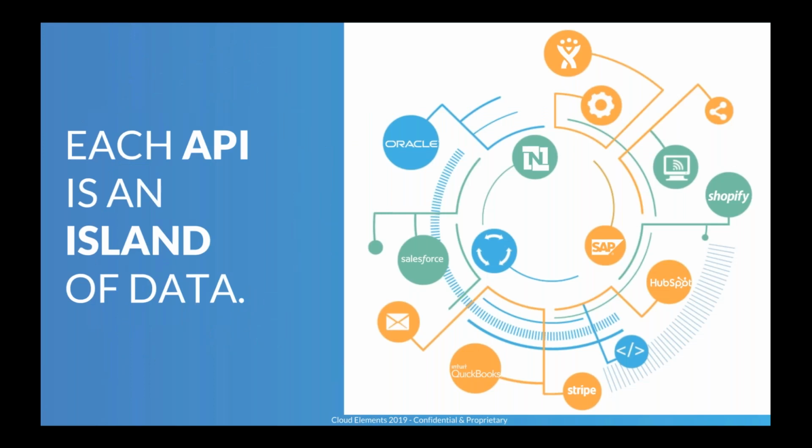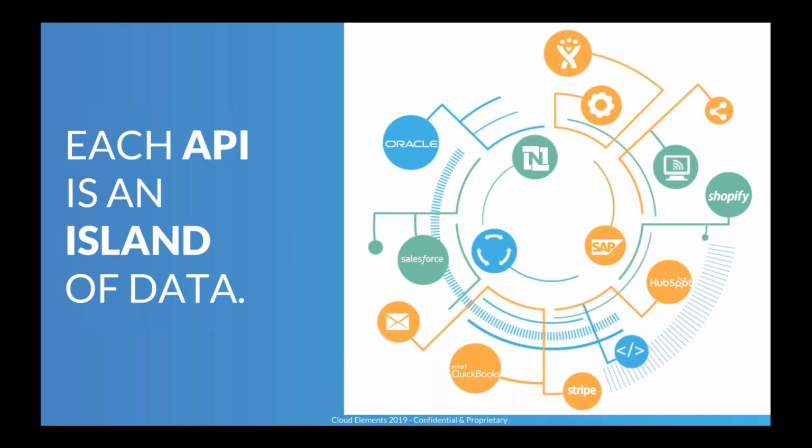Okay, so this is where I take over. I put this slide in here because I really want to cover, for those that may not be experts in Cloud Elements and what our platform can provide, an integration a lot like this image here, where you've got all kinds of different endpoints represented by these circles with, say, Shopify or HubSpot or Stripe or others.